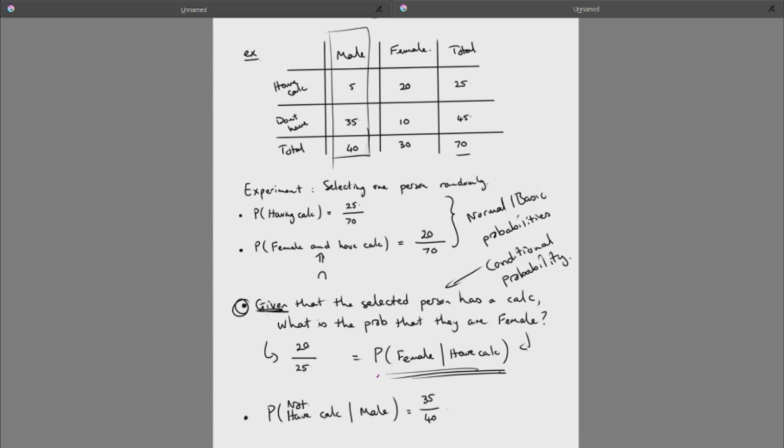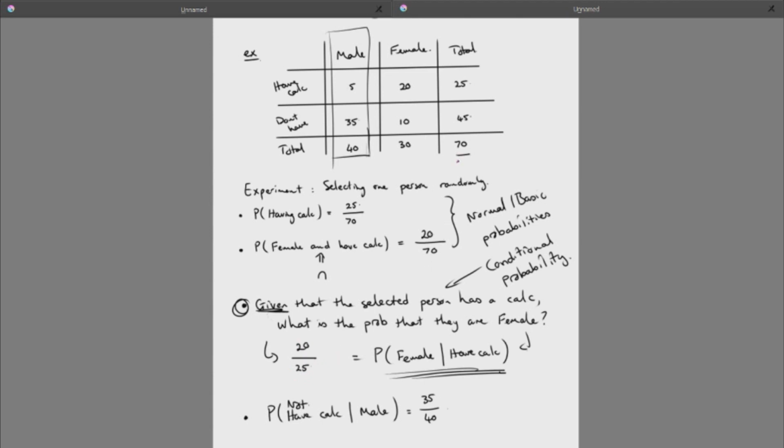All right. Now, this is still fairly straightforward because we have all the numbers available in the table. In some situations, we won't have all the numbers, and the situation might be a little different, and we don't have a nice table to extract the numbers and make the fraction.